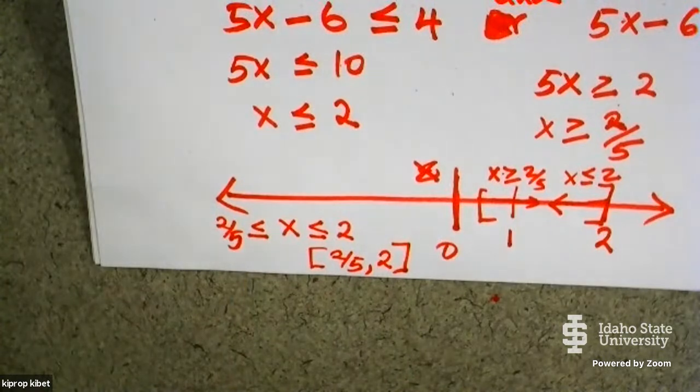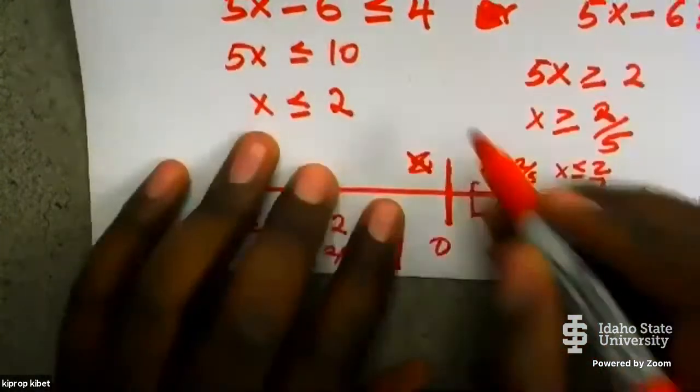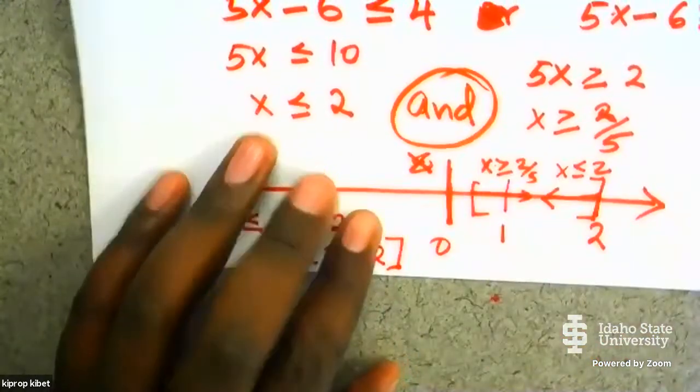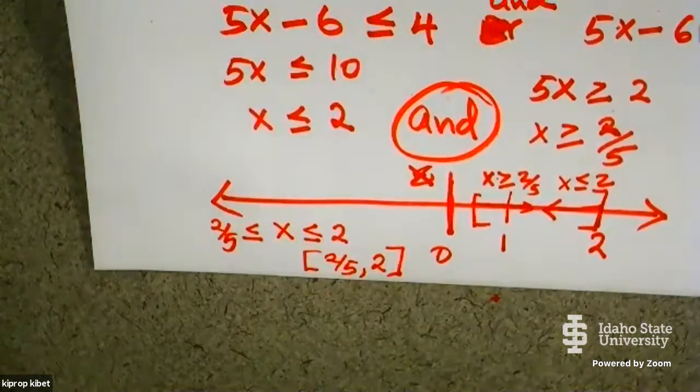If it is less than, then there should be values which satisfy both parts of the equation.